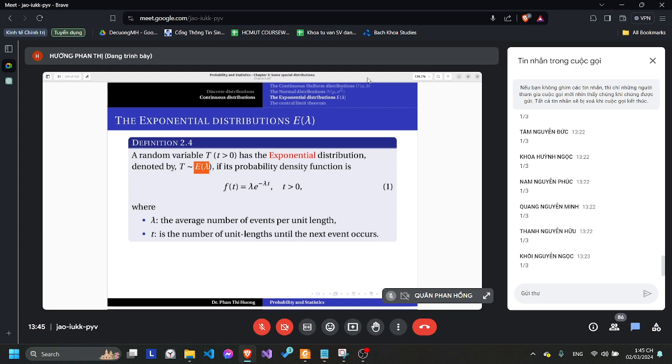Which other distribution did we just learn together, similar to this definition? Everyone? Which distribution are you linking to, and how?